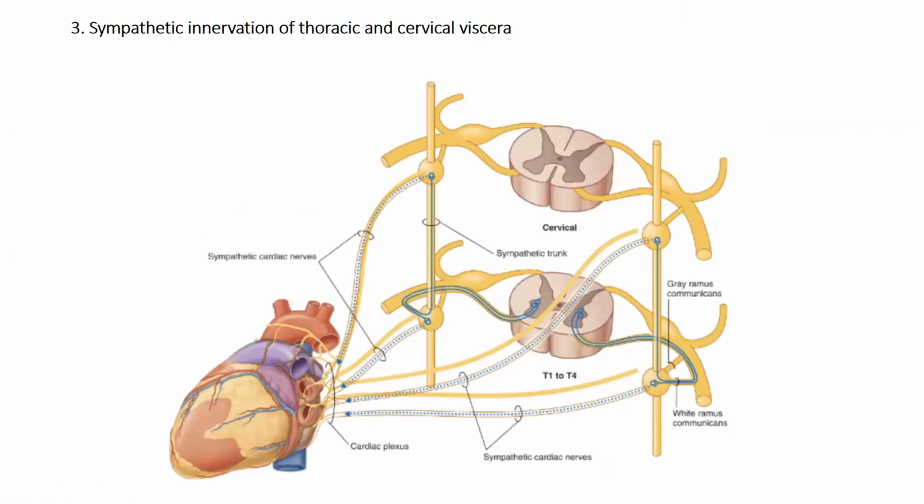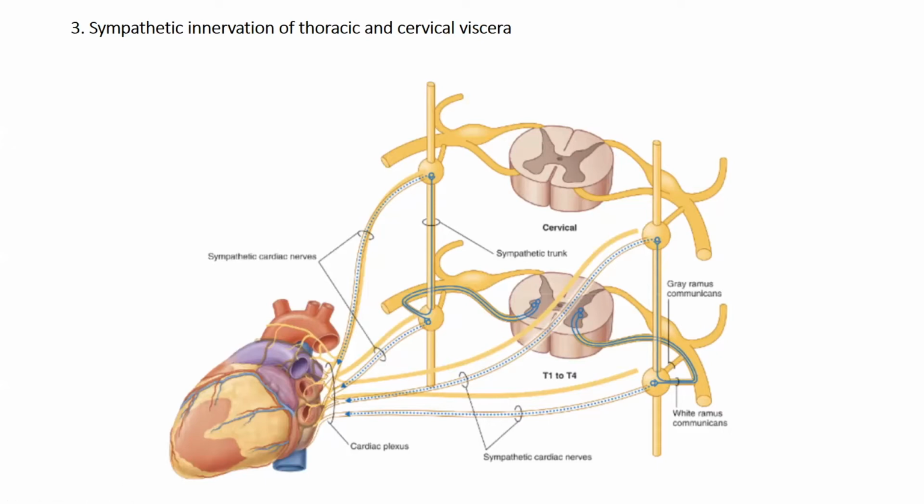The third pathway of the sympathetic is the sympathetic innervation of the thoracic and cervical viscera. So this preganglionic fiber, again you can see here, passes from the lateral horn and goes to the spinal nerve, and it goes to the sympathetic trunk through the white communicating branch.